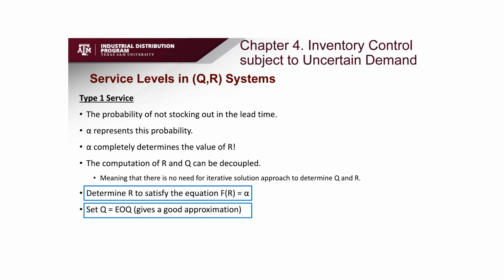Then you just set Q equal to the EOQ from chapter 4. No iteration, no loop, two clean steps. That's why the book calls type 1 very easy. The catch, which we'll see in a minute, is it usually isn't what people mean by service.